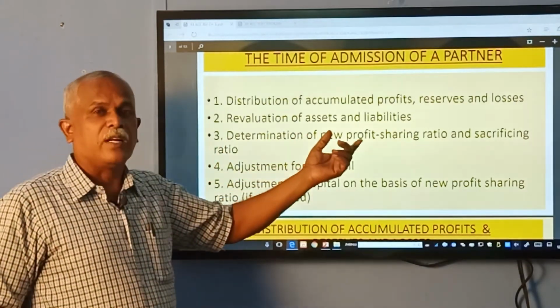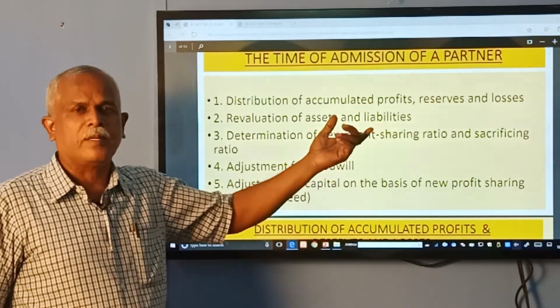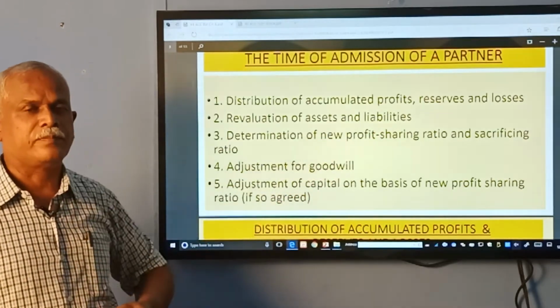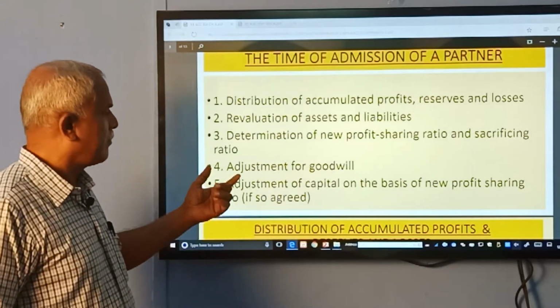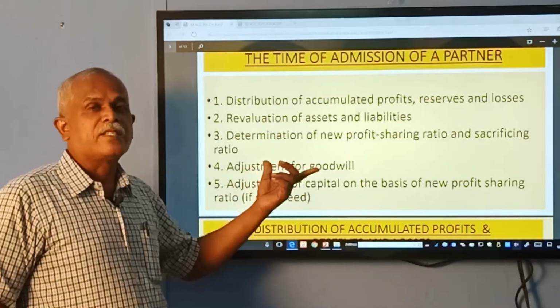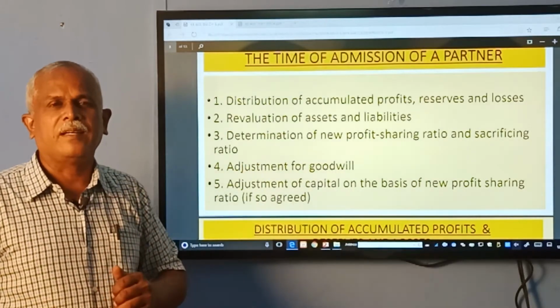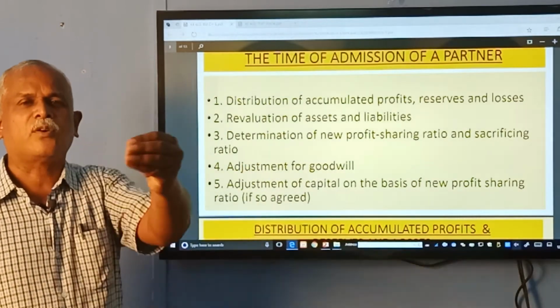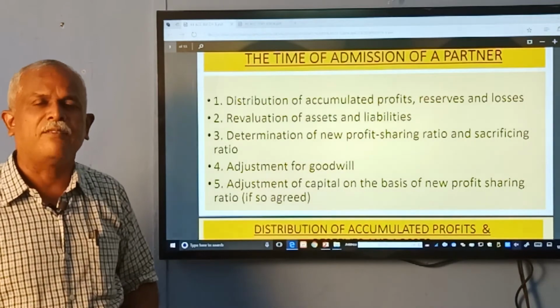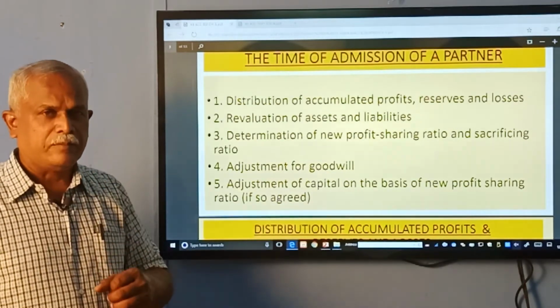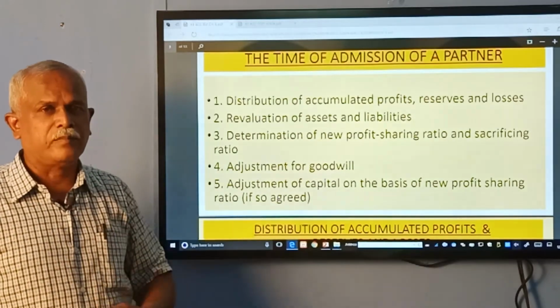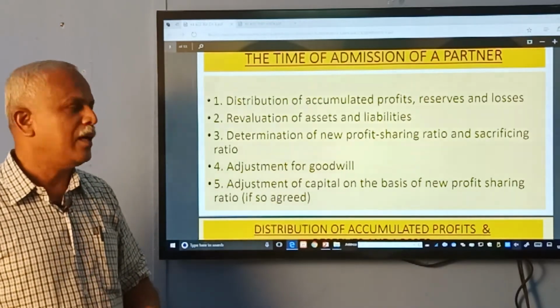We have to find out the new profit sharing ratio and sacrificing ratio, because the composition is getting changed, and we need to adjust for goodwill. That is nothing but the new partner has to compensate the old partners for their sacrifice. A goodwill share of his has to be brought into the accounting.